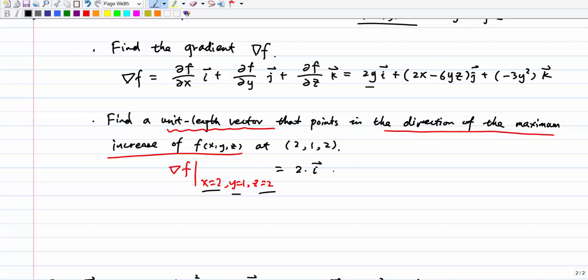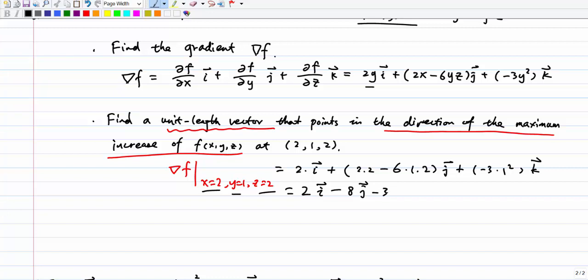Plus the second one, 2 times x. Replace x by 2, so 2 times 2, minus 6yz, which is 6 times 1 times 2, j. Plus negative 3y squared, with y being 1 squared. So this gives us 2i, and 4 minus 12, so minus 8j.